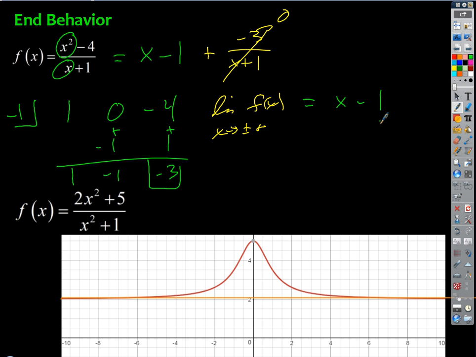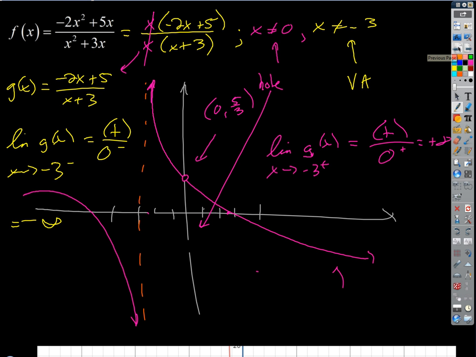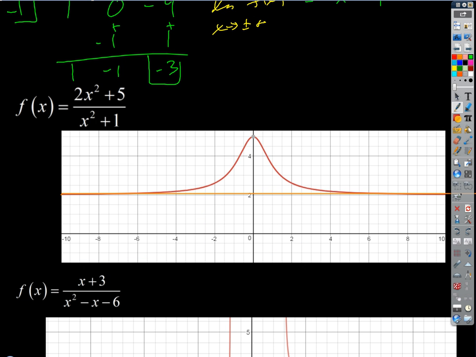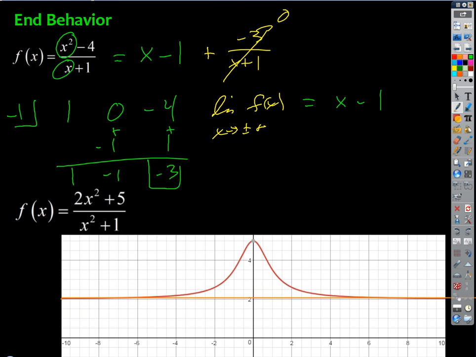Now, all the ones we've looked at in the past have been either vertical asymptotes, or we just introduced this idea of horizontal asymptotes. But if the degree of the numerator is 1 bigger than the denominator, look what we got when we divided this out. We got a line plus a leftover term that's going to vanish.